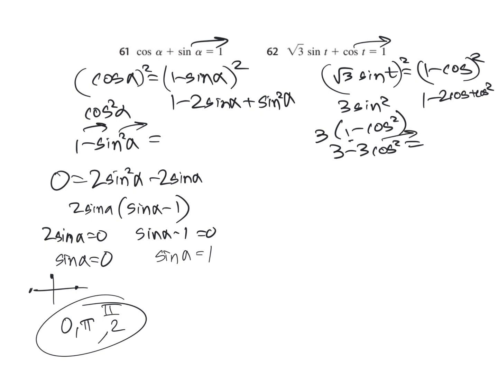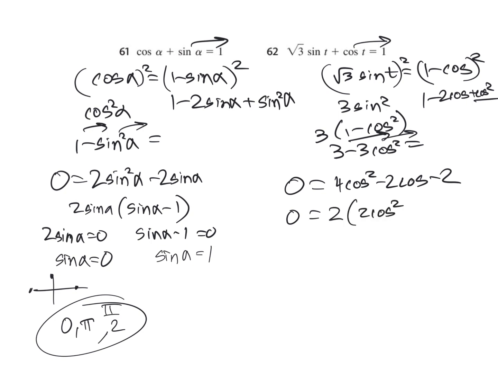All right, so we're going to move all these to the other side. So 0 equals, add 3 to the 1 cosine squared, we get 4 cosine squared, minus 2 cosine, and subtract 3 from 1, we get minus 2. So factor out a 2, we get 2 cosine squared minus cosine minus 1.